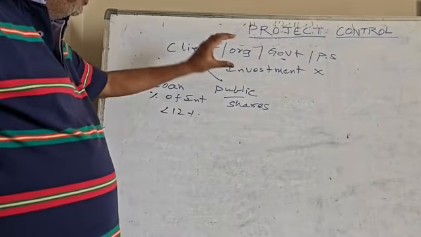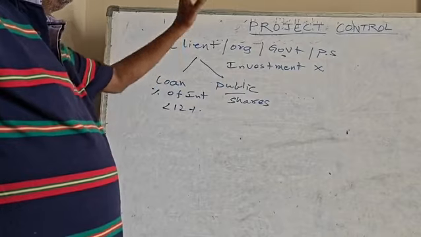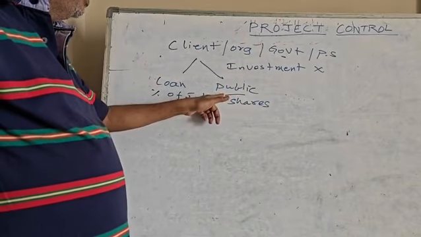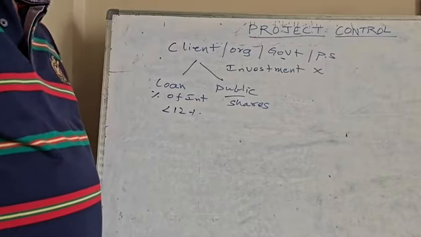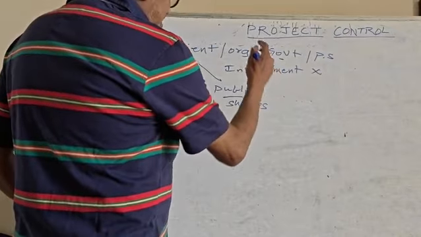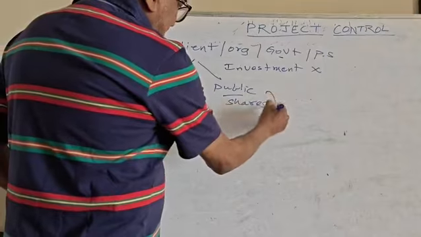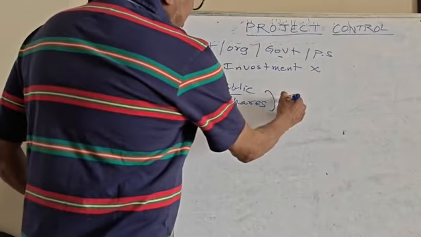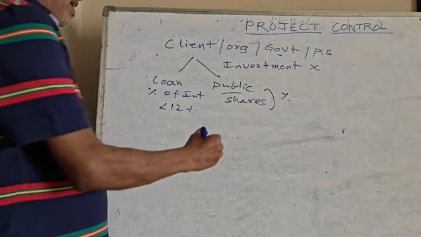So for that particular project, the government or the client can go to the equity market, that is the share market, and sell the shares to the public. At that time each organization or a person individually or a group can purchase the public shares. So this will again be based on the percentage. How much of the shares can they go for? They cannot go for 100% shares.